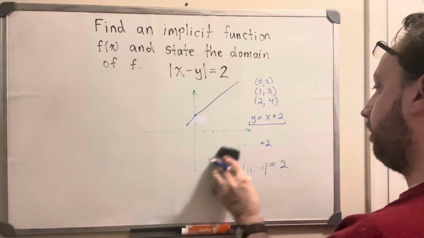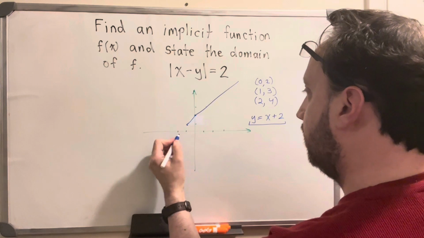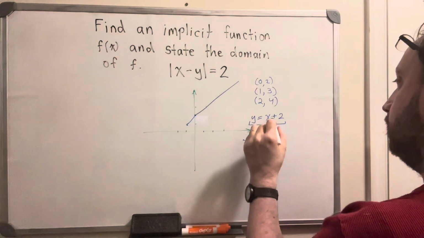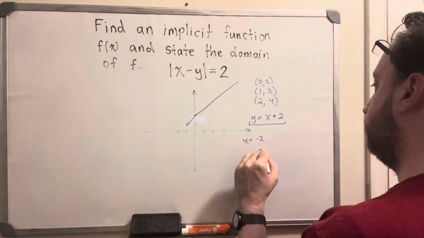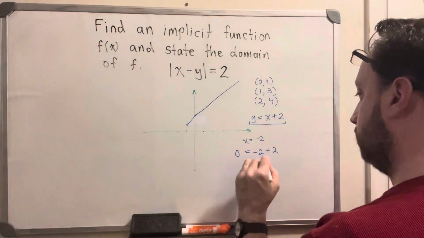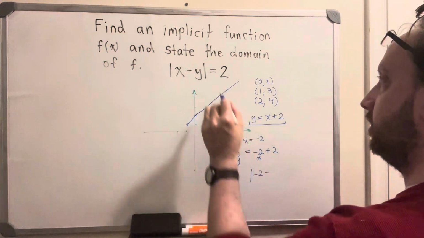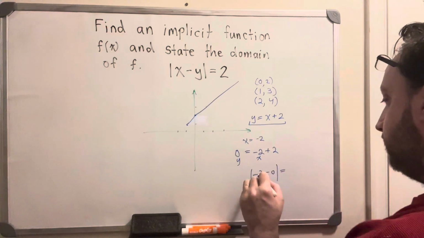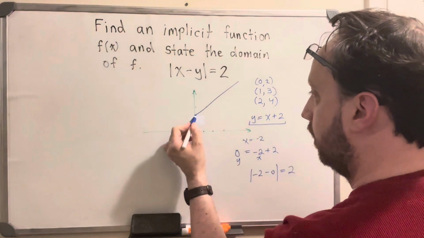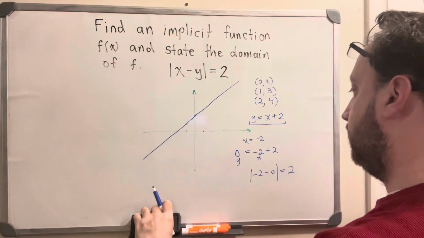What about x equals negative 2? Negative 2 plus 2 equals y, which is equal to 0. How about negative 2 minus 0, absolute value? That's negative 2, and the absolute value is 2.